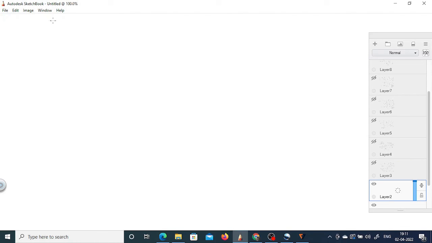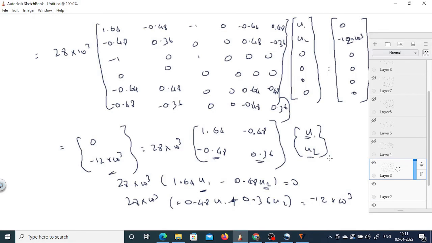I can consider this equation as the 5th, this equation as the 6th. So if I multiply the 5th equation with the 6th equation, I can remove the terms. So the 6th equation I can multiply with 3.4166.